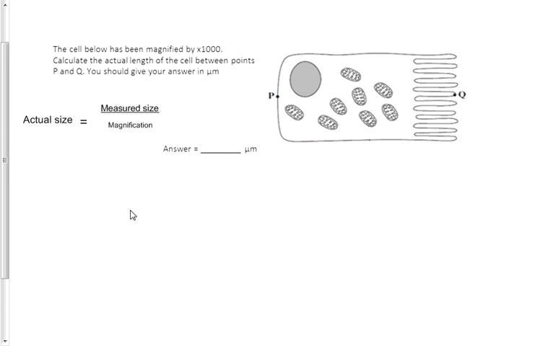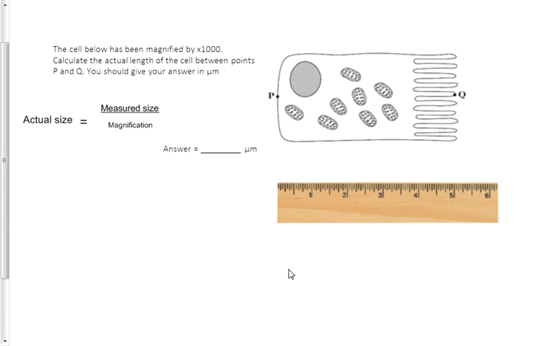The next step in this equation is going to be to determine our measured size. We're trying to work out actual size. We've been told magnification, so our missing variable here is our measured size, which is how big the image actually is between points P and Q. At this point, we're going to need a ruler.